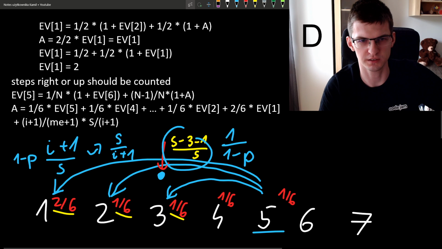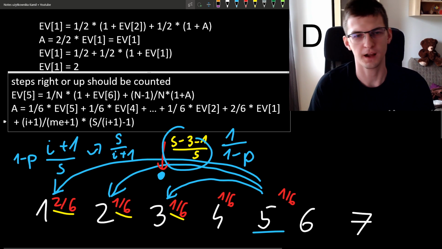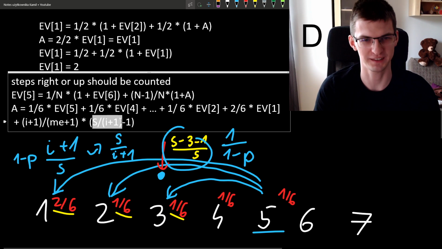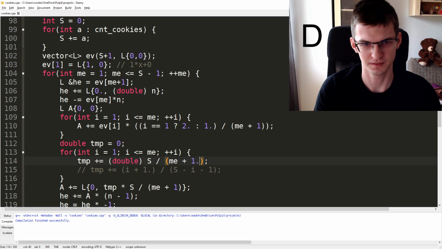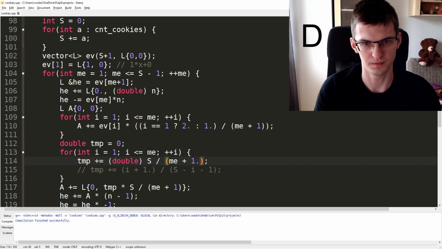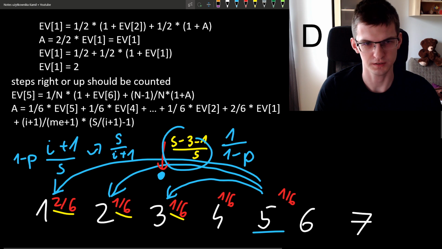What about s? I'm not going to explain everything here. It's basic expected value. So let's add this.